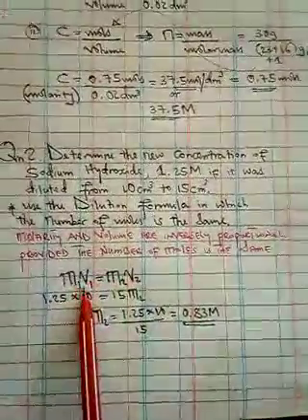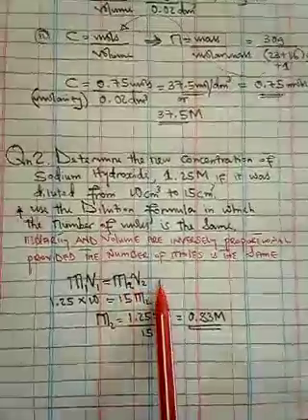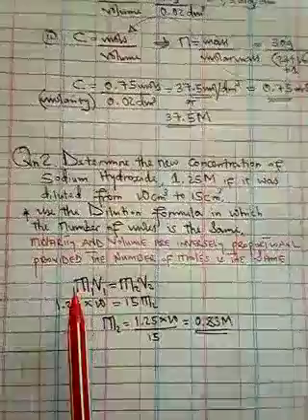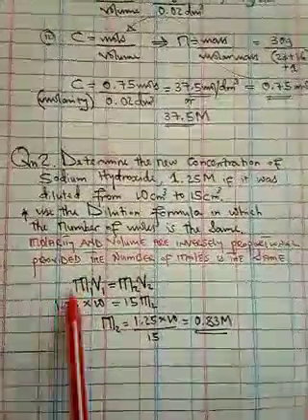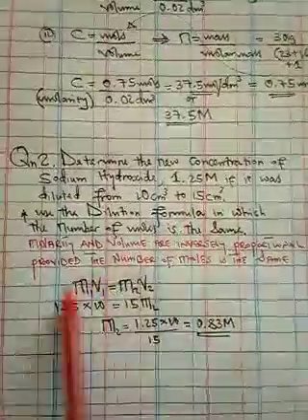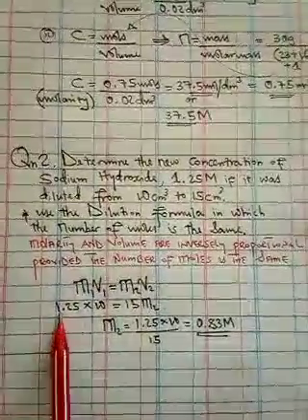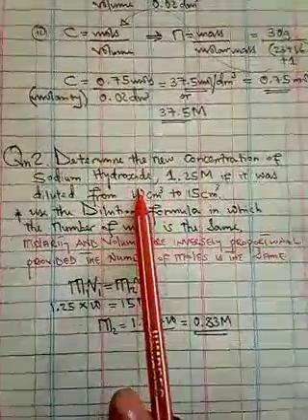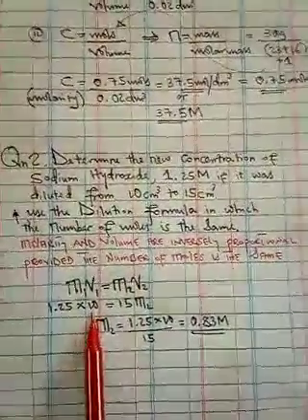So M1 V1 is equal to M2 V2. There is nothing hard here. Our M1 is just our molarity one or concentration one, which is 1.25 molar. That's the 1.25 that you're seeing right here. Your volume 1 is going to be 10 centimeters cubed. That's the same 10 that you have seen right here.